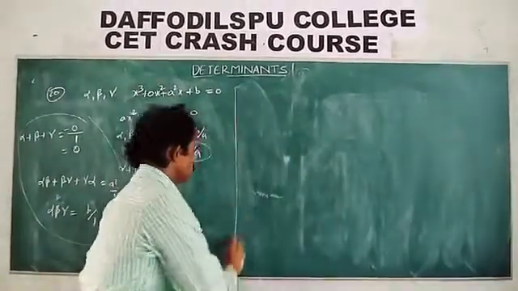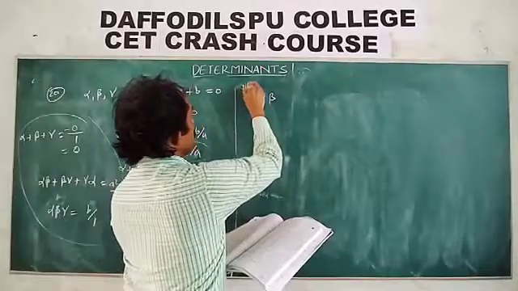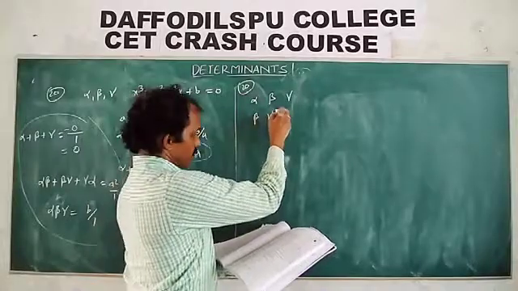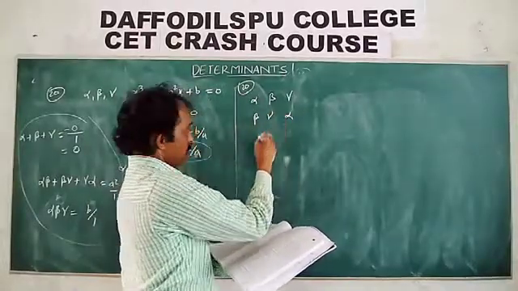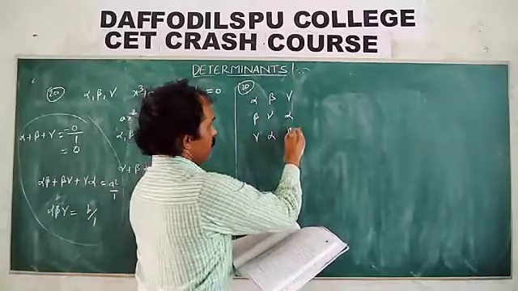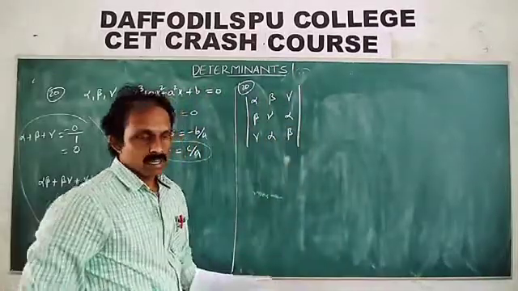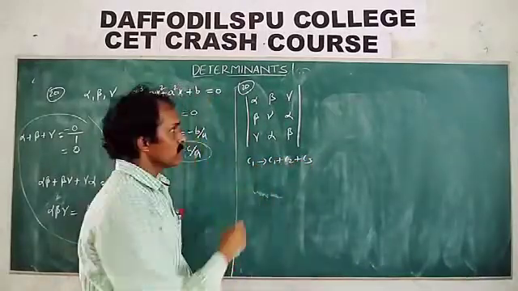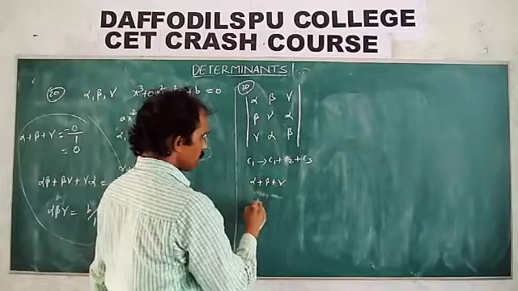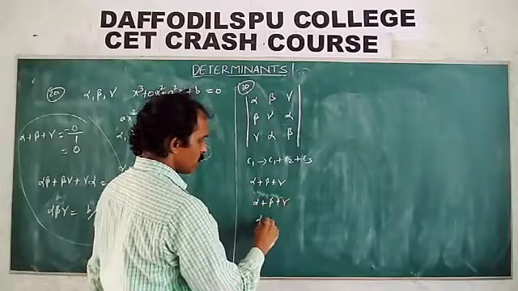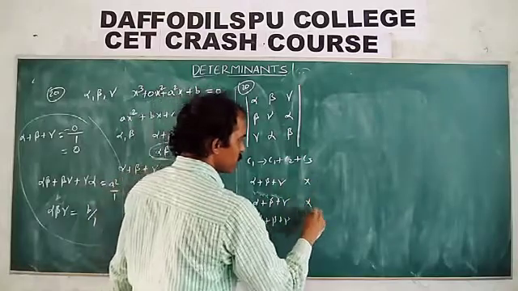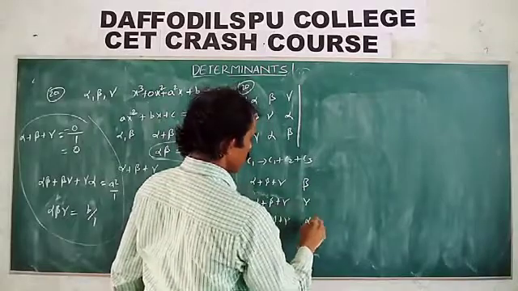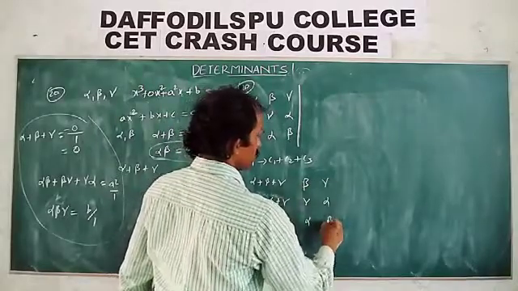The 20th problem: alpha, beta, gamma; beta, gamma, alpha; gamma, alpha, beta. Apply the operation C1 gives C1 plus C2 plus C3: alpha plus beta plus gamma in every entry of the first column.